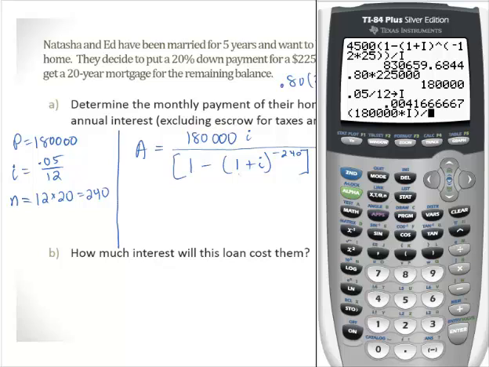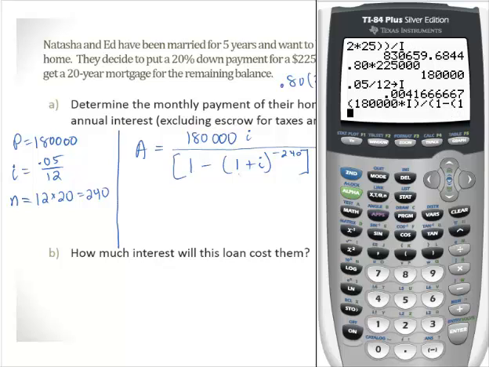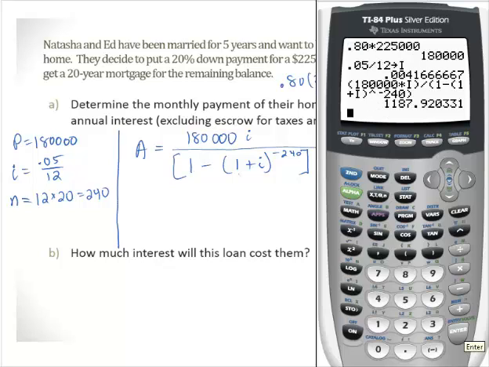And I'm going to divide that by the quantity 1 minus another quantity, 1 plus alpha I, close quantity, exponent negative 240. Close the denominator, enter. $1,187.92.